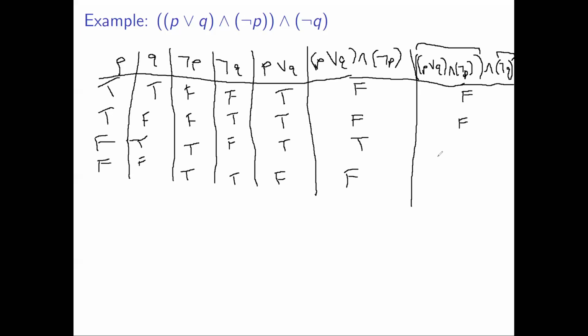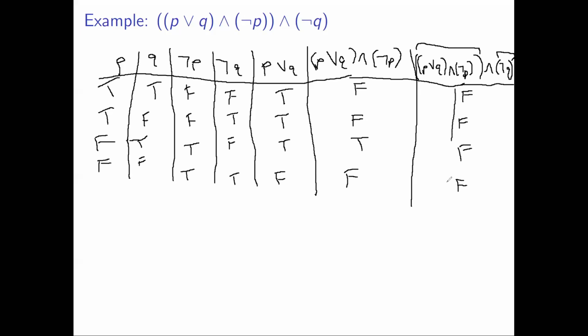Third row, the left conjunct is true, the right conjunct is false, so the conjunction is false. And last row, the left conjunct is false, the right conjunct is true, the conjunction's false because one of the conjuncts is false.